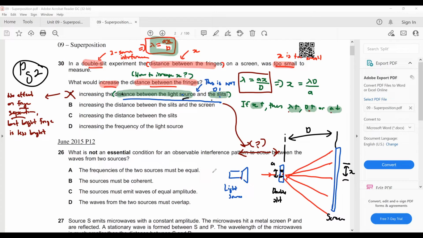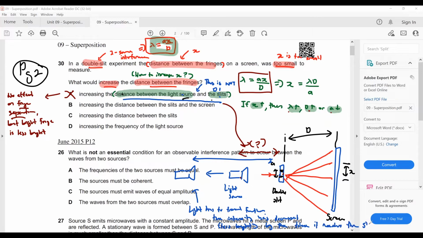If you move the light source backwards so that the distance is increased, light has to travel further, so the intensity has decreased, or is less bright, by the time it reaches the slits.